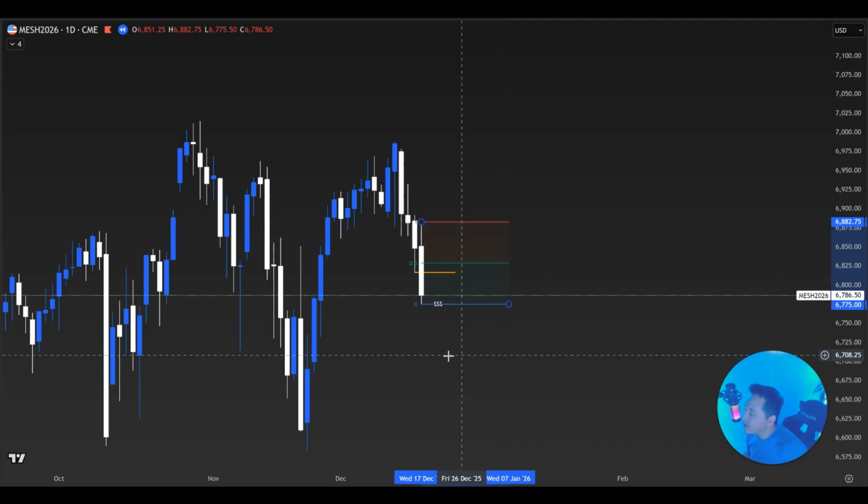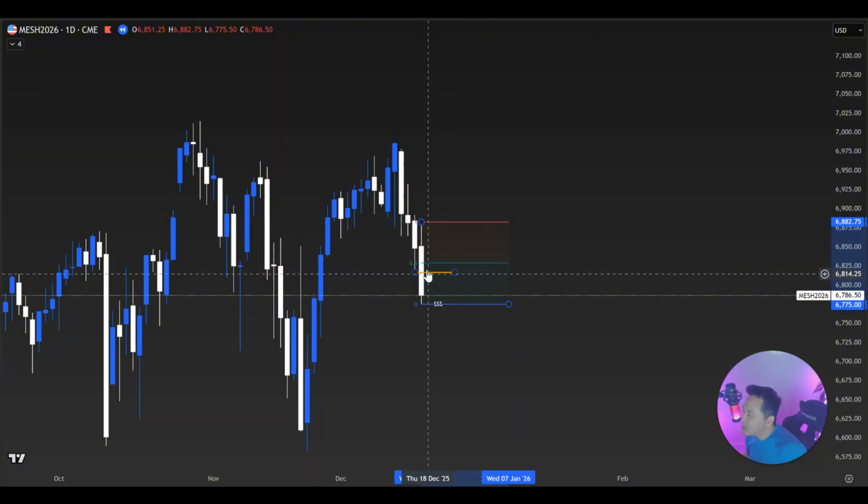All right, and what you want to do is look at price as it trades back into the 50% region of price. Okay, if price is going to continue lower, right, it should not close back above this 50% region and back into the upper portion of this candle.